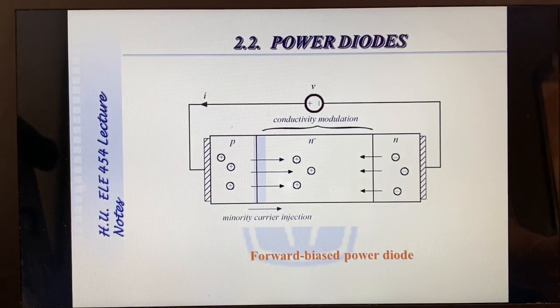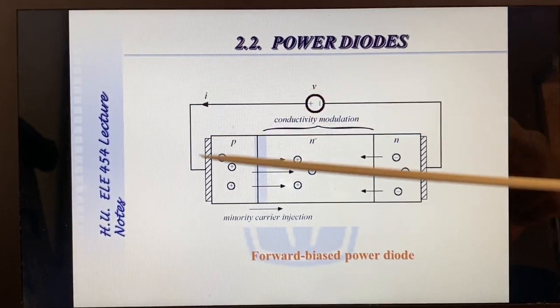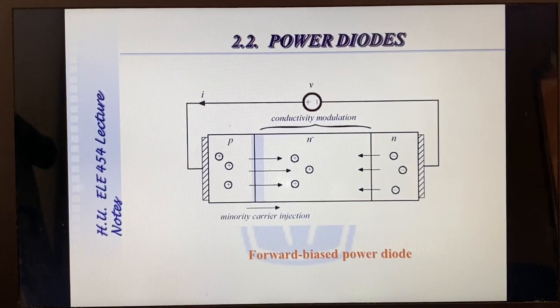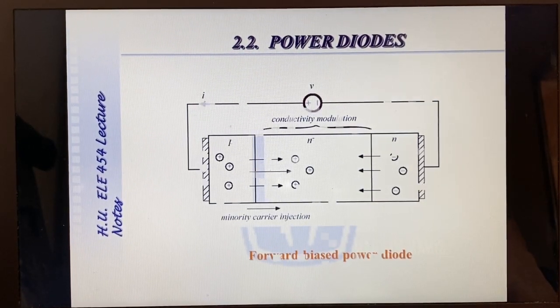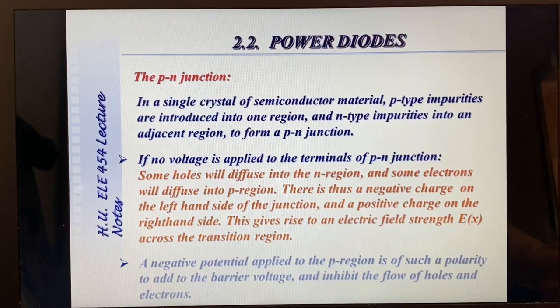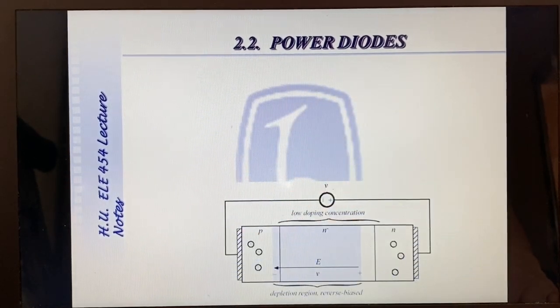There is a minority carrier injection into the N region from the P region, and these minority carriers start conducting current through the power diode. So that's what I have explained just now.